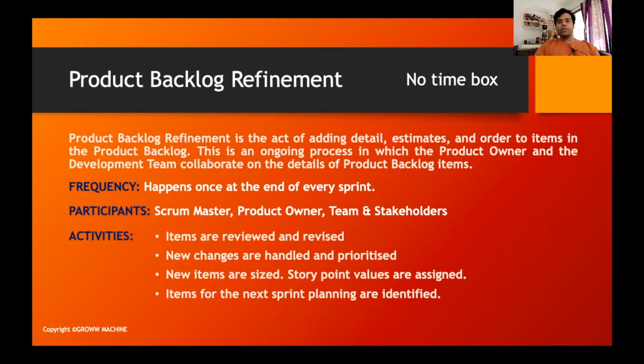Many times you need to take out some existing items also, so that the pressure on the team is less, and you can carry them forward to the next sprint. When that happens, you pick that item up and push it to the next sprint. So these are a few activities which happen as part of product backlog refinement.